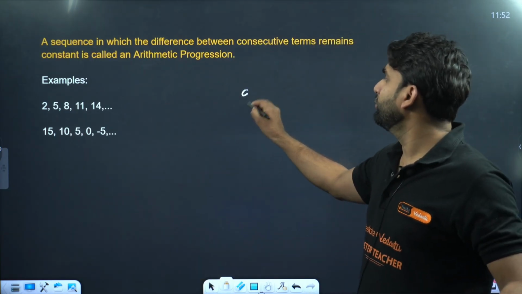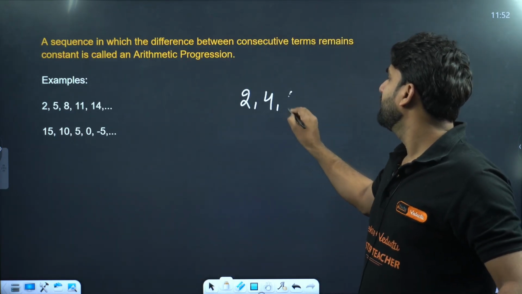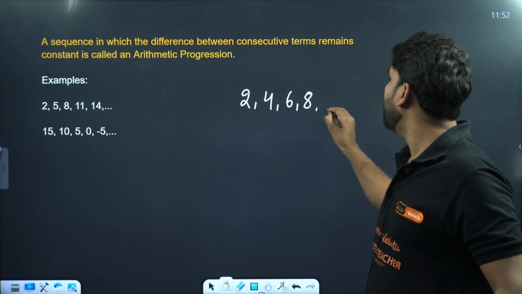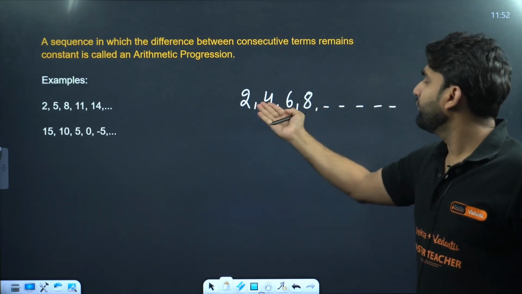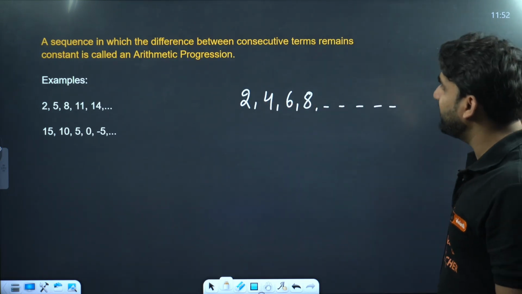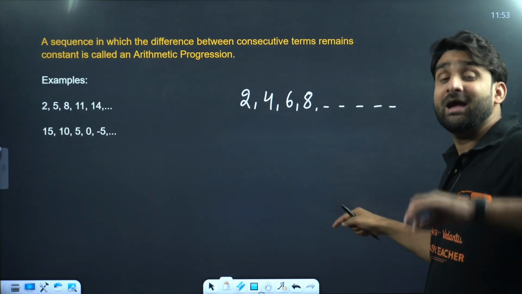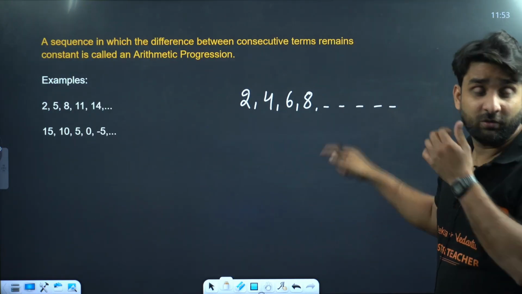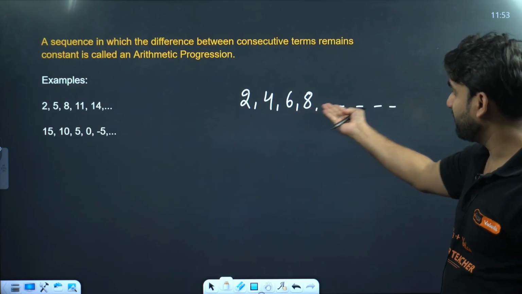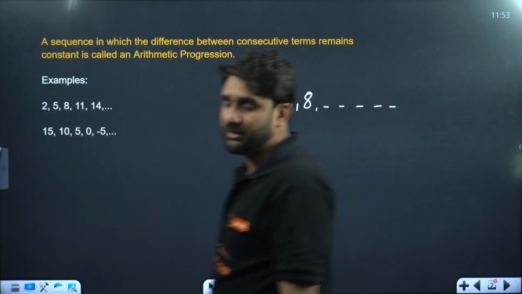If I give you 2, 4, 6, 8 and so on, I don't know where this sequence will end up. So we can call this ... and so on, because we don't know what the last number will be. This sequence is going on till infinity.